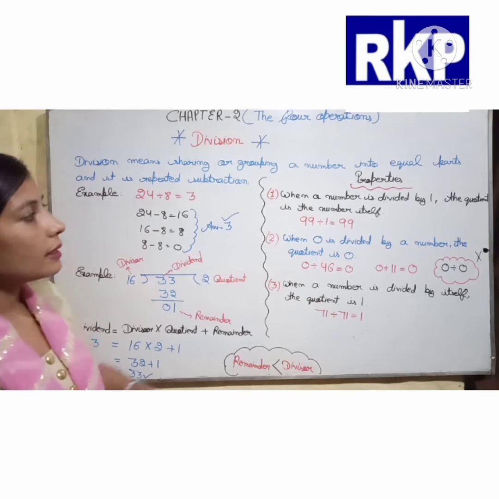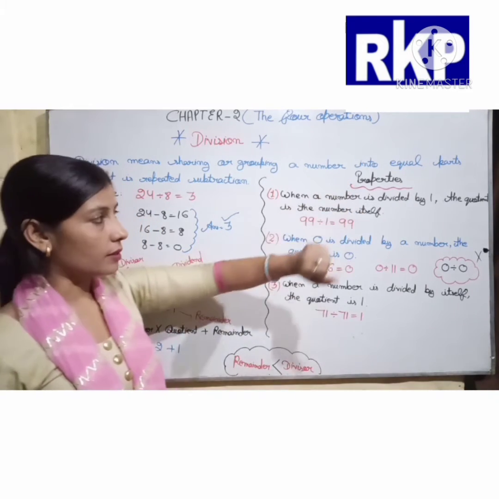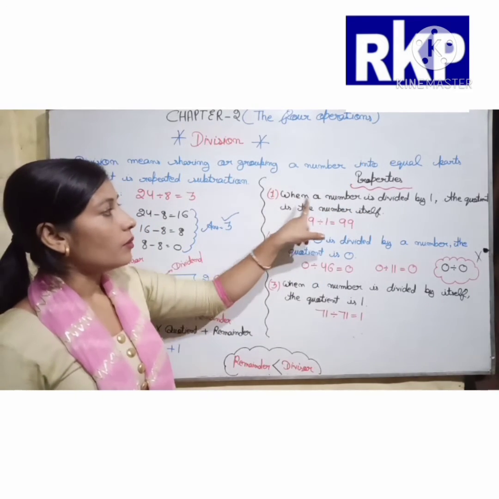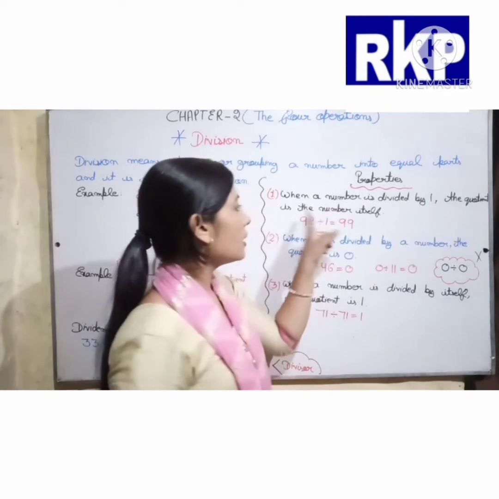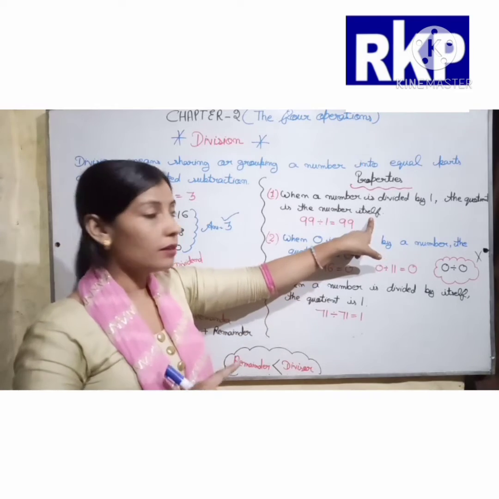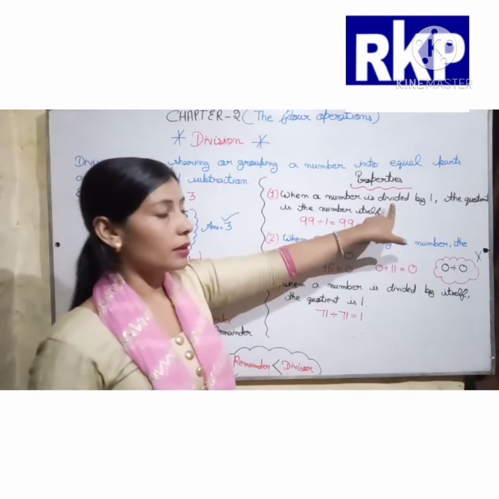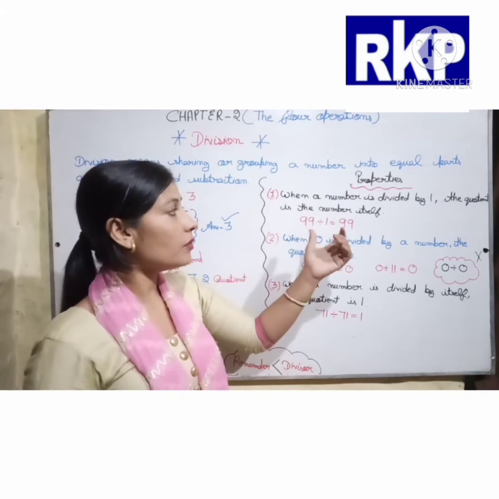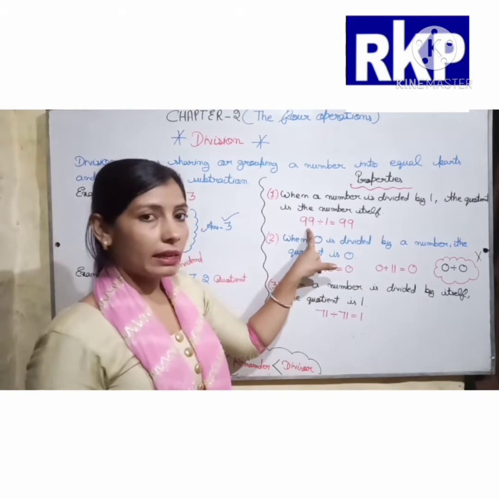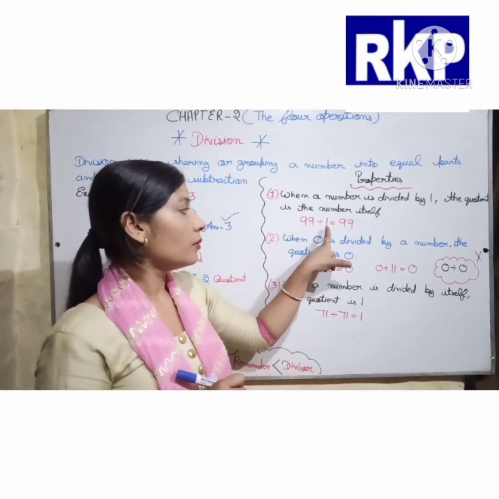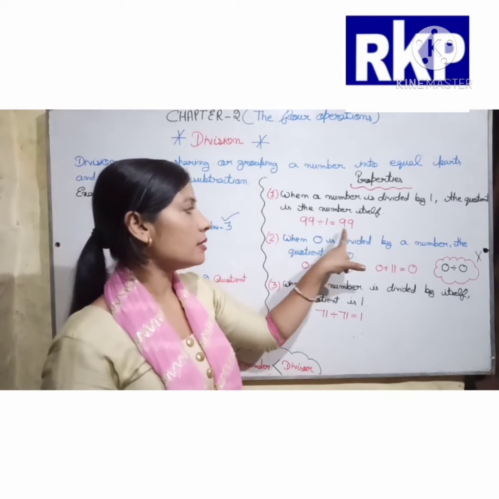Okay. Now let us see the properties of division. First property is when a number is divided by 1, the quotient is the number itself. When we divide a number by 1, okay, then we get the number itself. If we divide 99 by 1, then we get the same number.